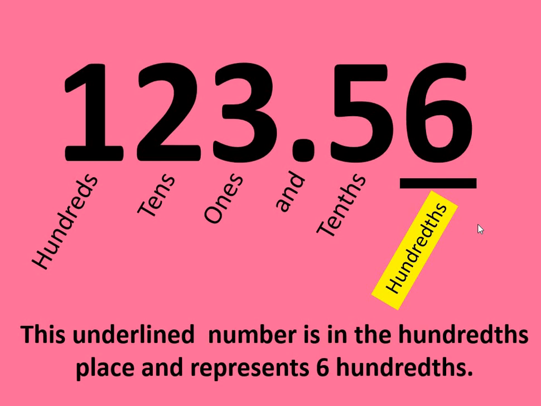This underlined number is in the hundredths place and represents 6/100. When we want to read this number, we will read it from left to right. Let's read together. As we know before, it's 123.